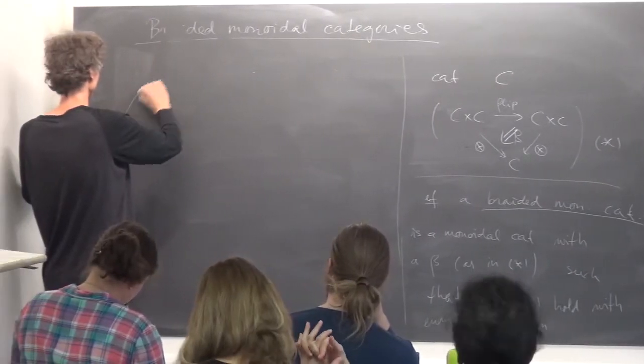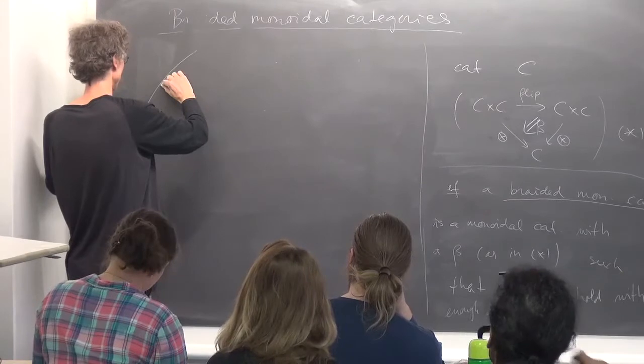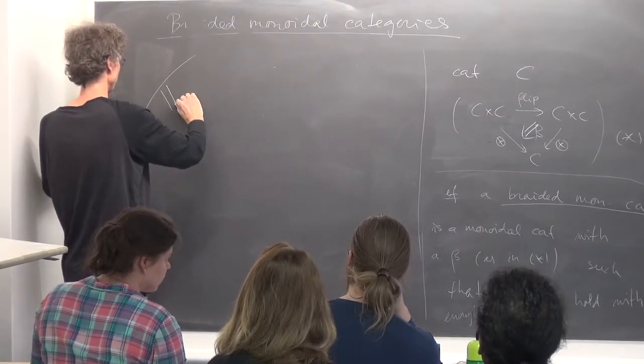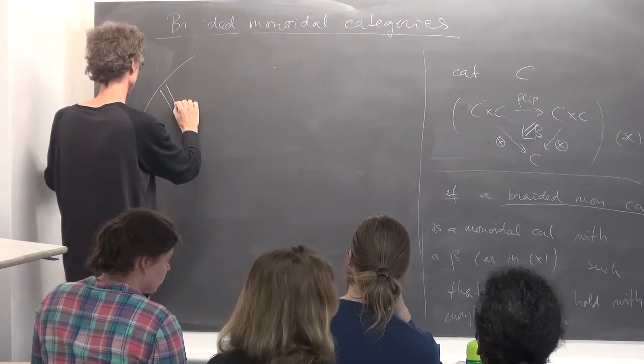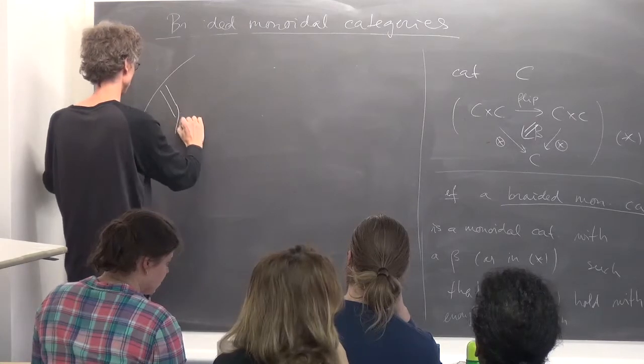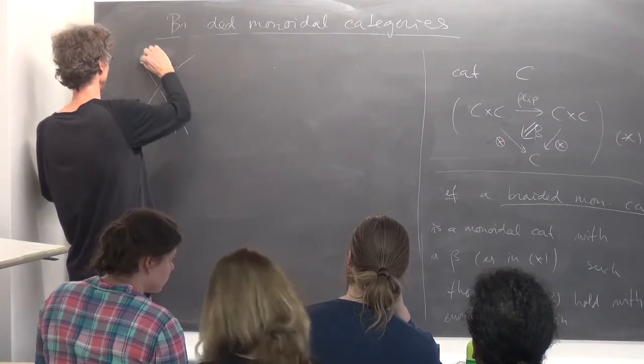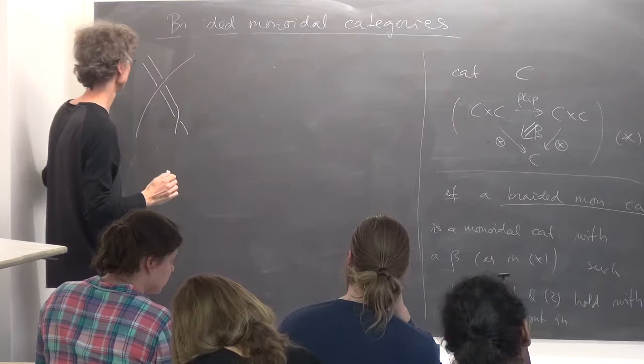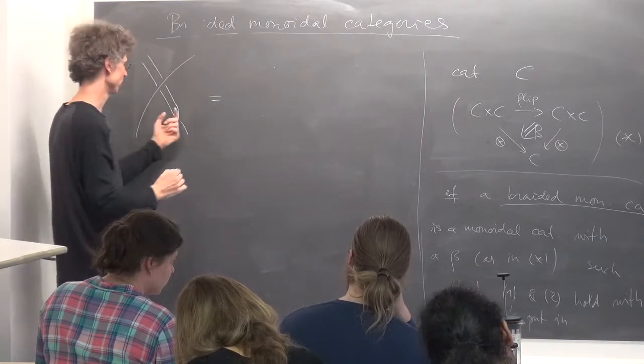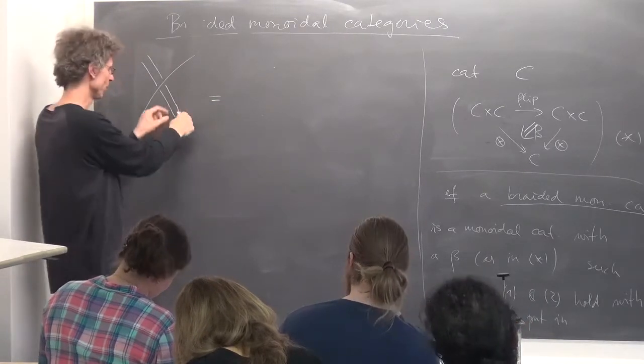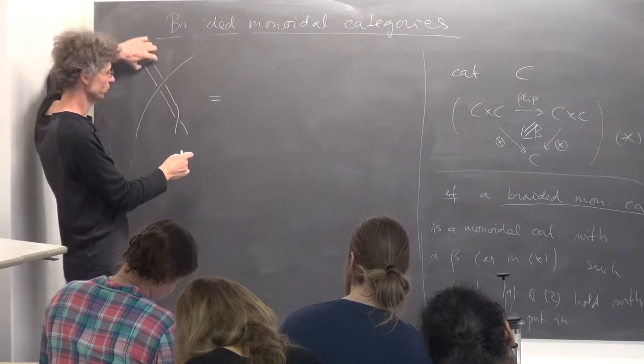Okay. Let me do it like this, and here, okay, braiding, I probably should do it this way. This Artin's relation, written this way, just says that we can move this crossing to the other side.